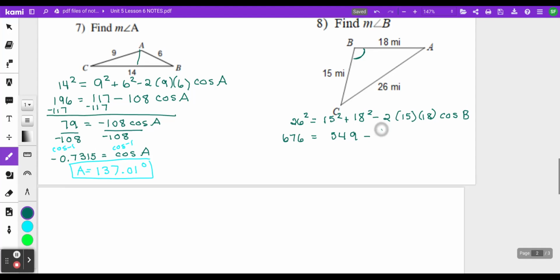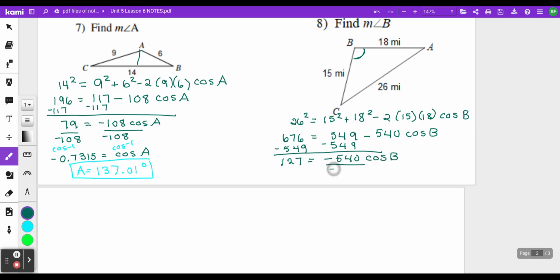You're going to get 540 cosine B. We're going to minus the 549. We're going to get 127 equals negative 540 cosine B.